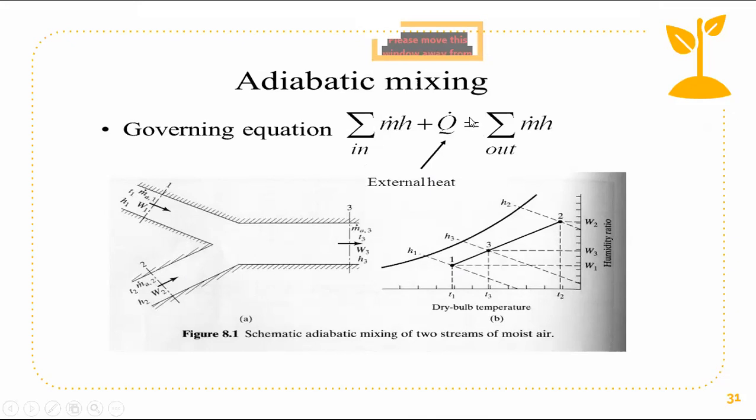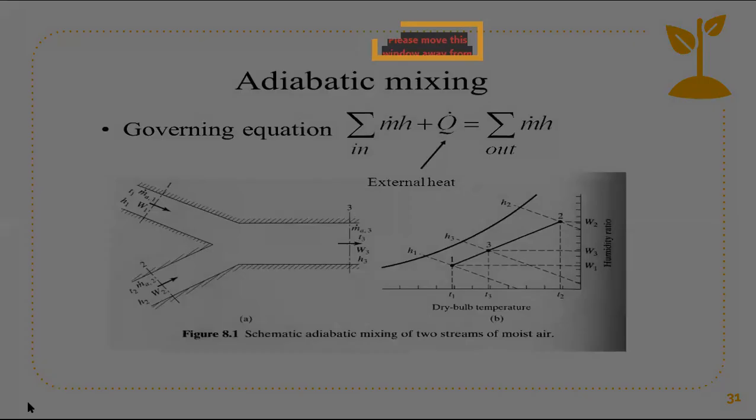But if there's no mention of an external amount of heat added to the system in the process of mixing, then the sum of the mH products here would be equated to the summation of the mH products for the streams that are leaving. This is only needed if you have an amount of heat from an external source, either added to your system or removed from your system.